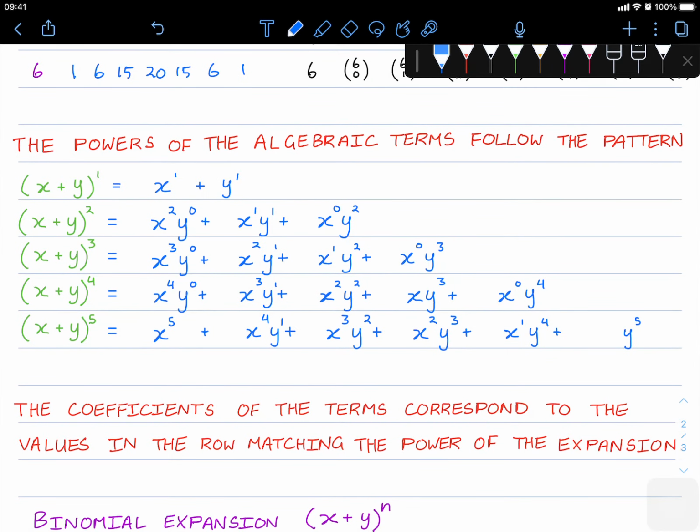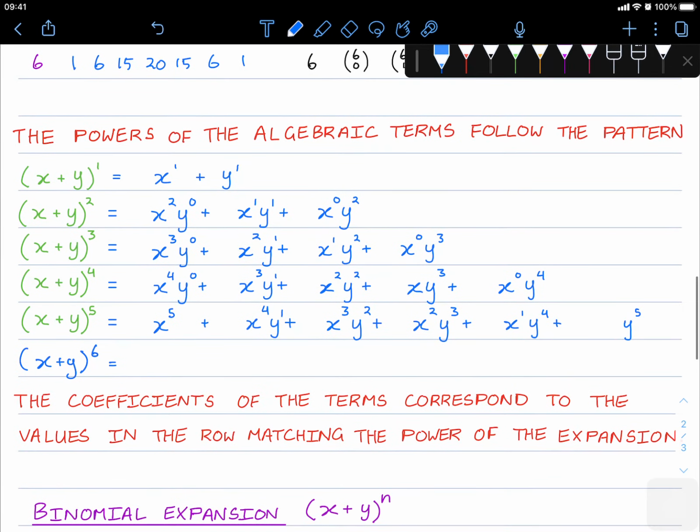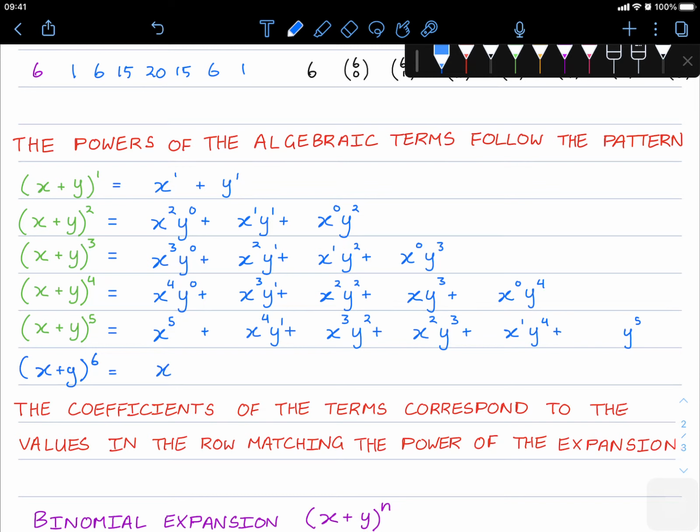So which means if we wanted x plus y to the power of 6, you can go ahead, pause the video, and write out just the powers of the x and y values. So don't worry about the coefficients just yet. So this will become x to the power of 6, x to the power of 5, y to the power of 1, plus x to the power of 4, notice how it's decreasing by 1, y to the power of 2, plus x^3 y^3.